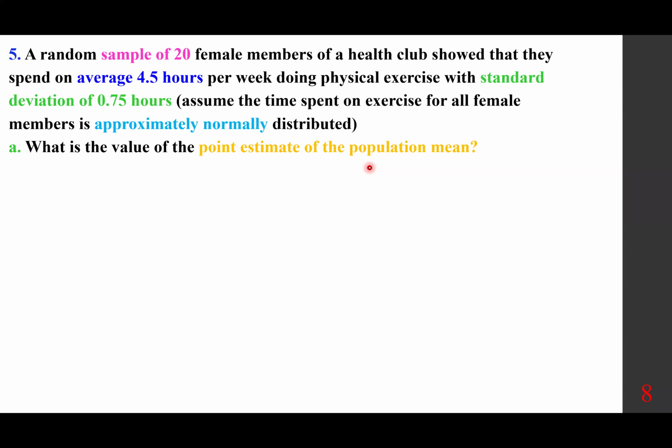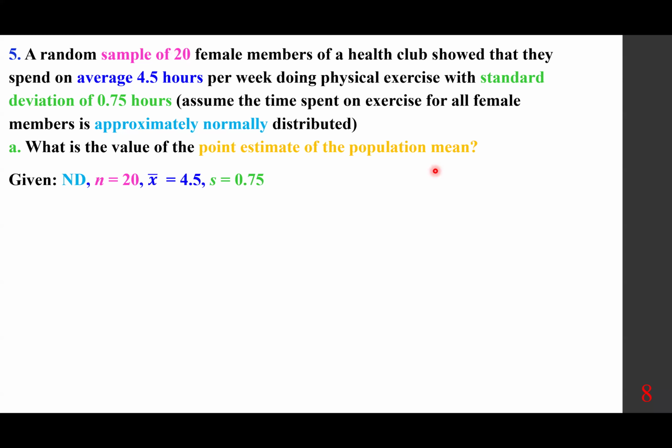As we read this question, they are telling us that it's normally distributed. N is 20, and 4.5 is the average for those 20, so that's X bar, not mu. And the standard deviation for those 20 female members is 0.75, that's S. So that's understanding the given.